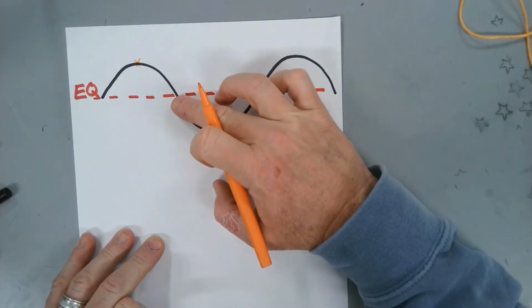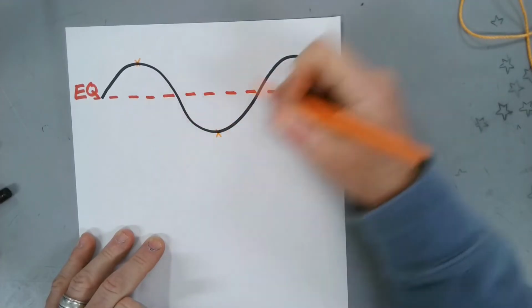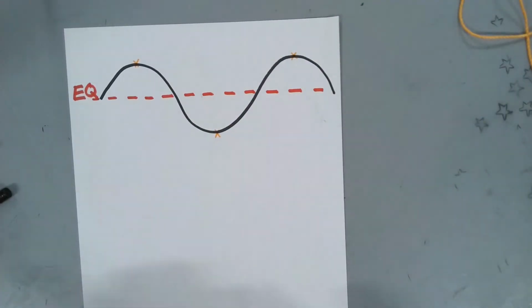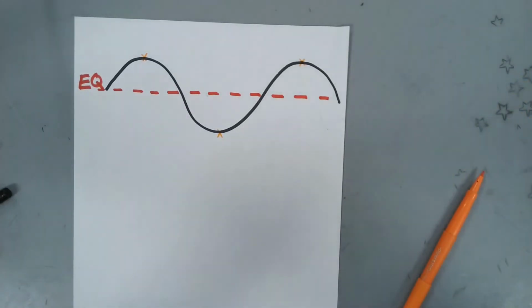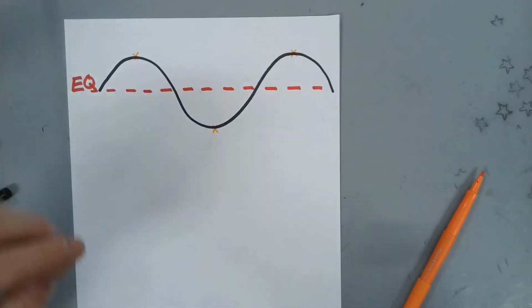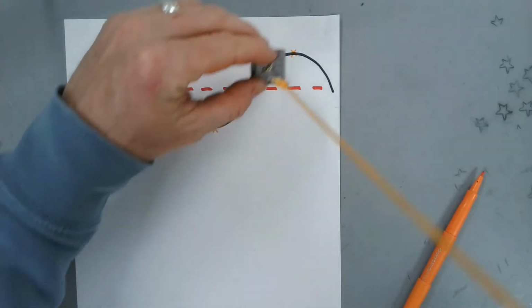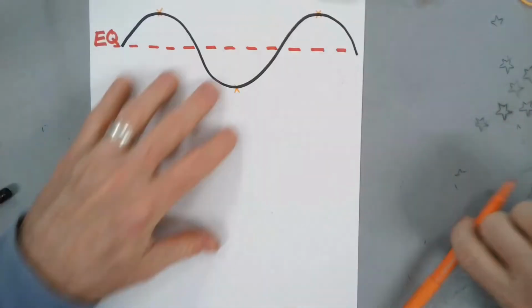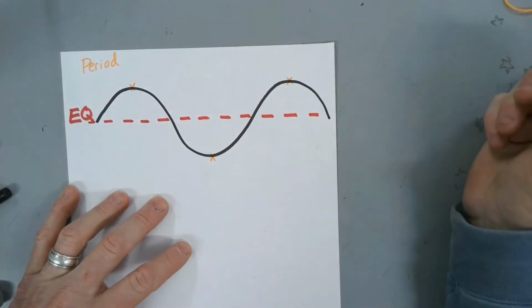And we came back to the equilibrium position, and then we went to the other side of equilibrium. So those points right there are important to us because they tell us something about the motion of this pendulum or anything that is in simple harmonic motion. How long does it take to get from here to here, back up to there? Has a name. We know that is the period.